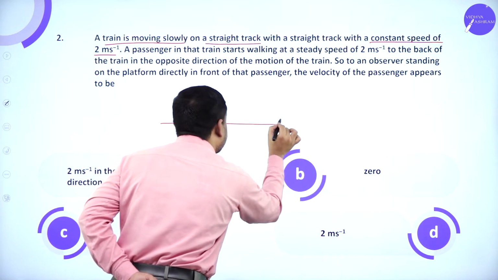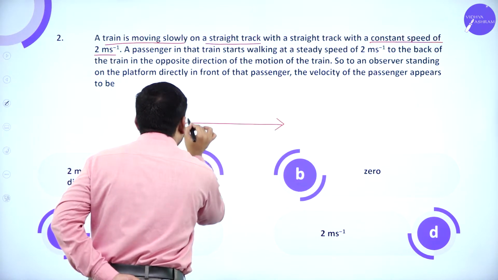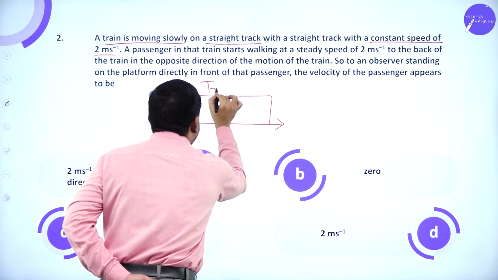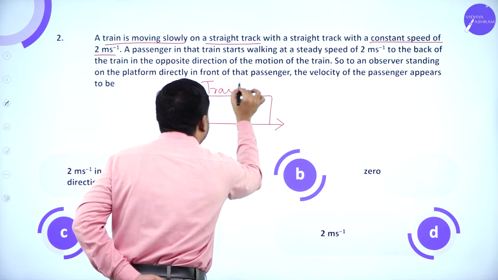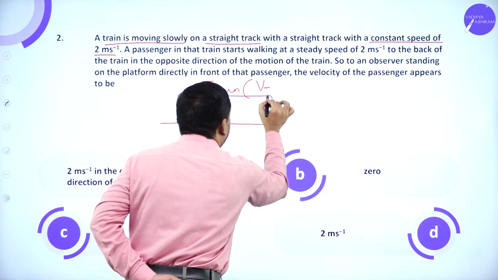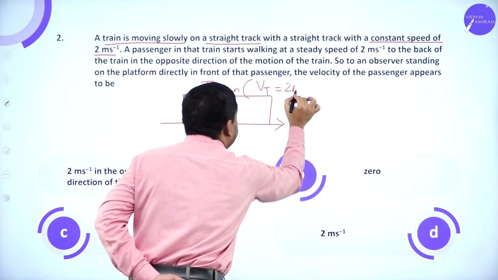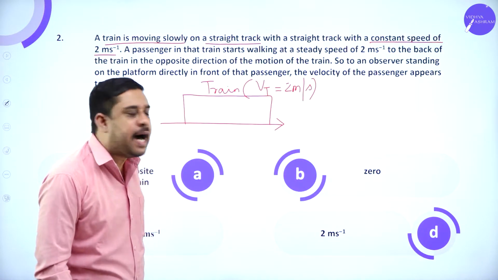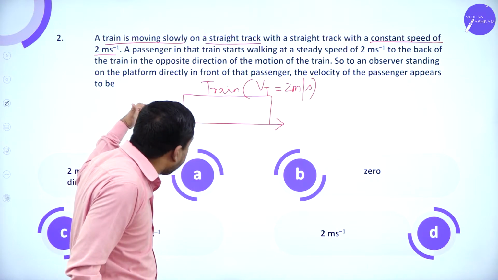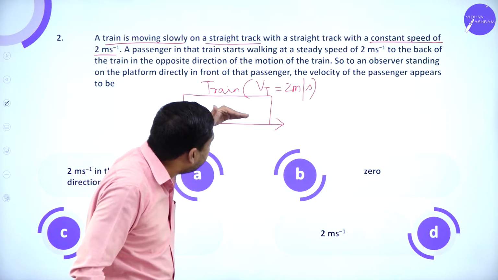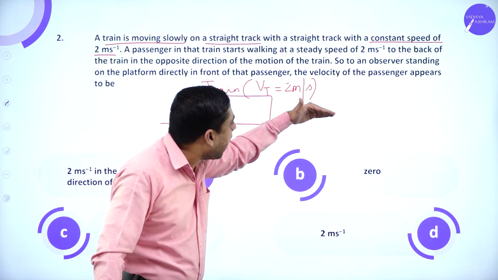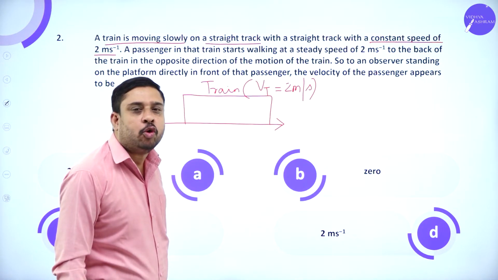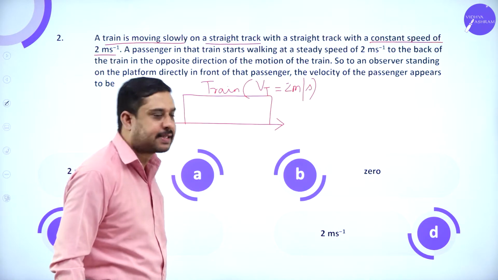So there is a straight track and a train is moving on the straight track with a constant speed of 2 meters per second. This is the train.